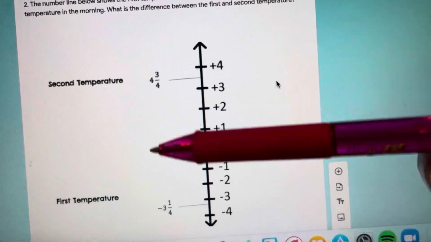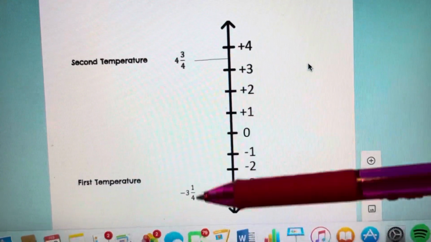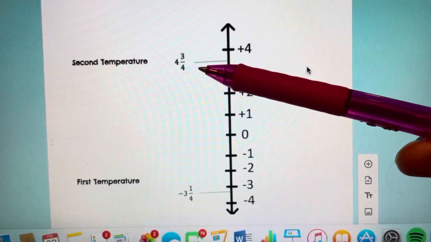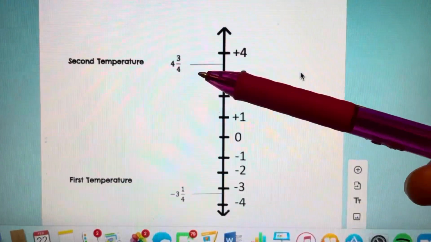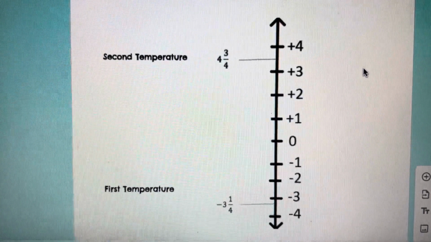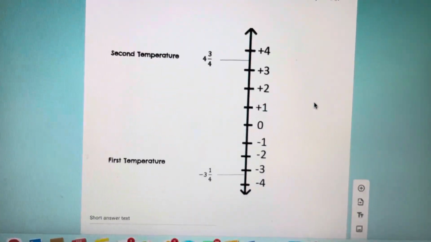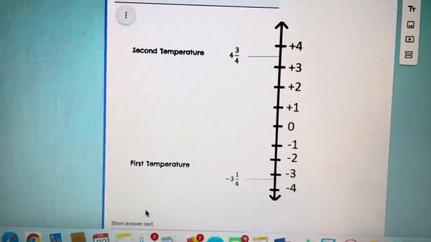Okay, so I just want to make sure: if you subtracted between the two, negative 3 1/4 minus 4 3/4, what I said before, if you took the difference between those two numbers, you would get a negative 8. But because, like I said, there's an increase in temperature, that means the answer should still be a positive 8.